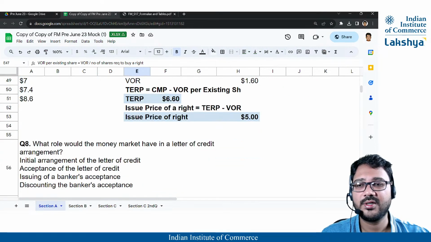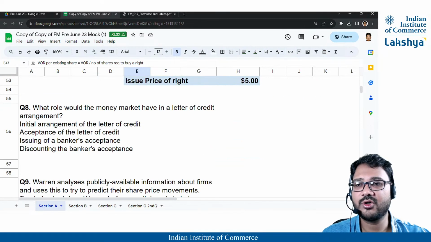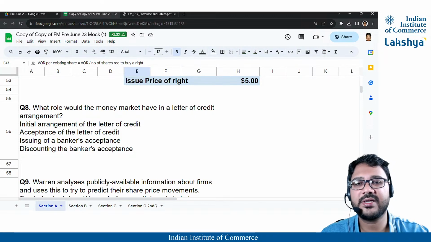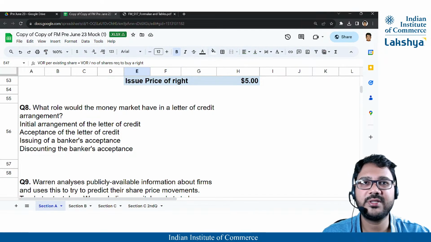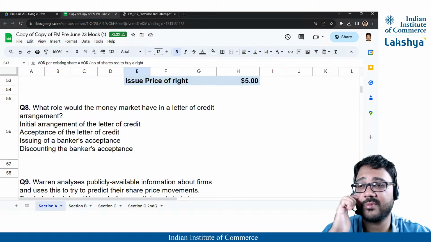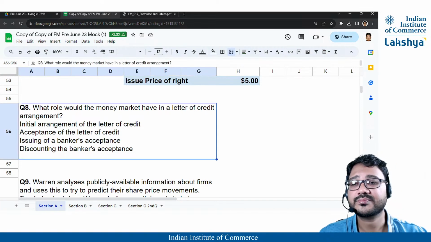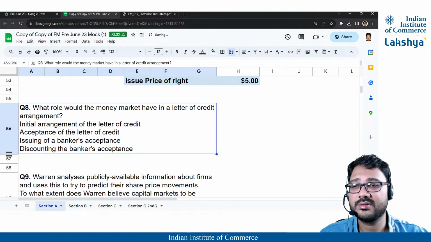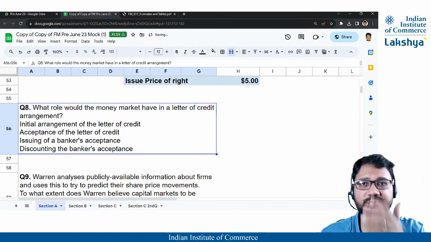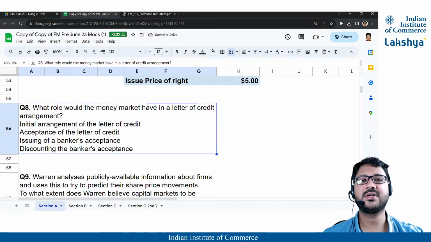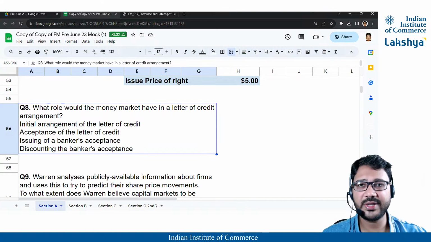Moving on. What role would money markets have in a letter of credit arrangement? Now, a letter of credit arrangement, if you remember, is done in international trade.